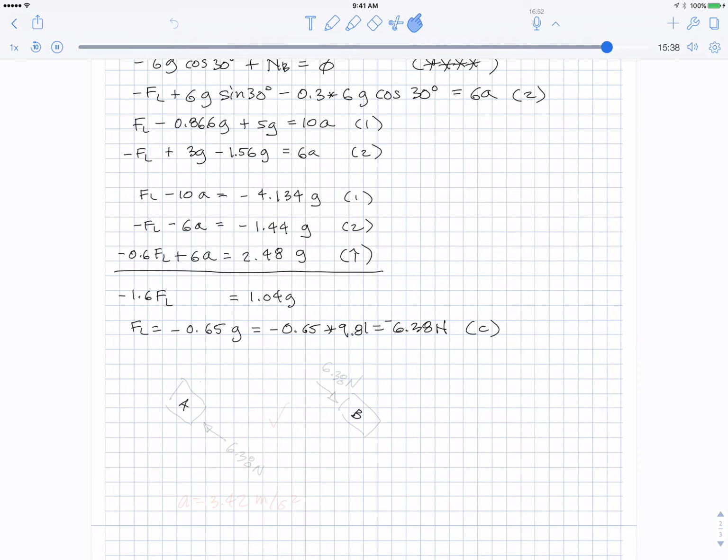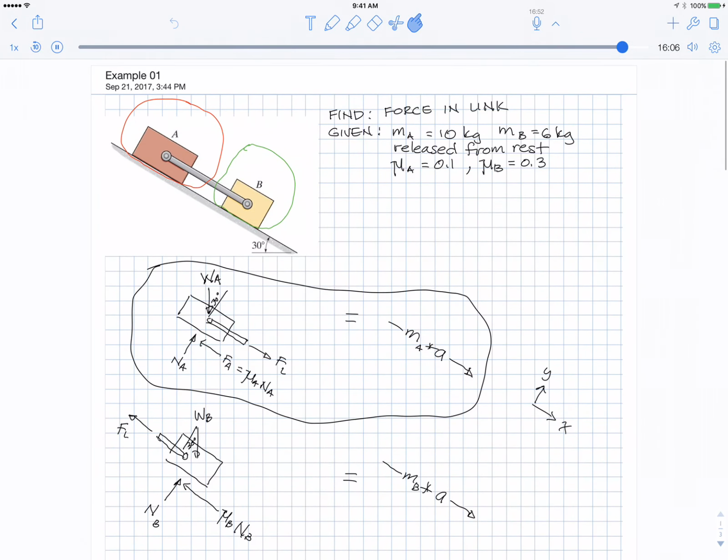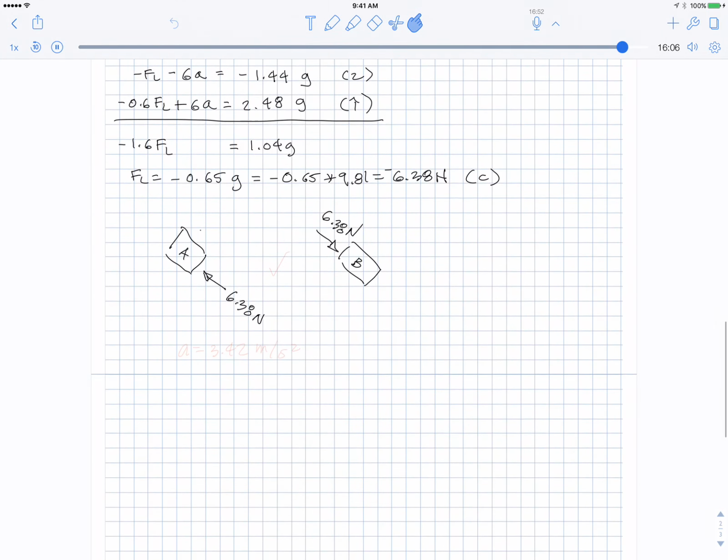Drawing that in, it's going that way, 6.38 newtons, and it's going this way. And I guess thinking about it, that makes sense because A is heavier than B, and A has less friction than B, so A is pushing down on B. So that makes sense.